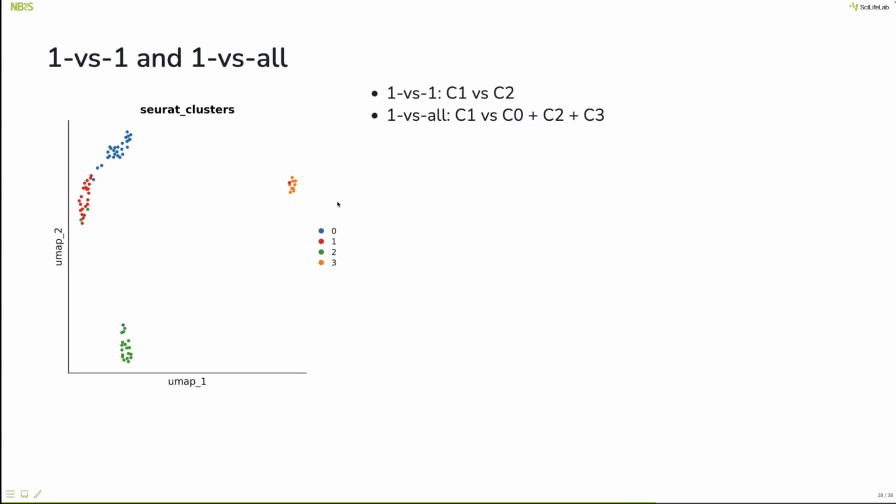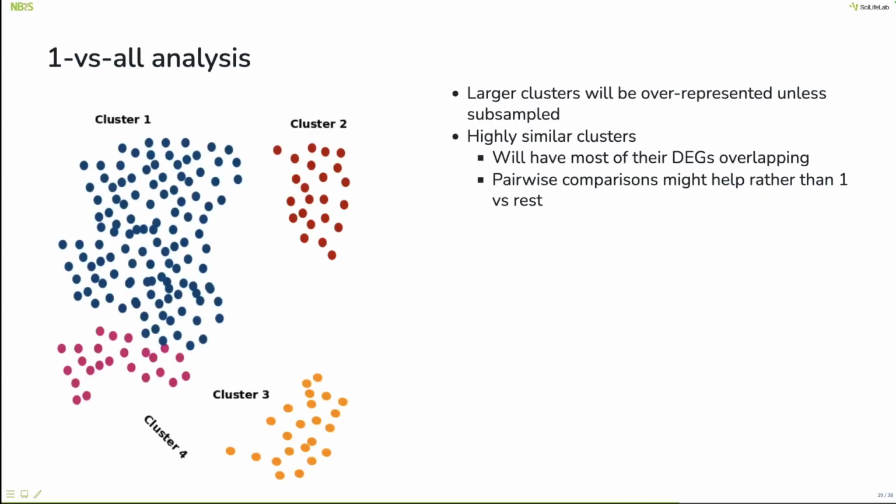Some things to consider if you want to do that. The main advantage is, of course, that it's fast and you have fewer lists to look through afterwards. But if you have an uneven distribution of cells in your clusters, then the larger clusters will be overrepresented unless you downsample first to have the same amount of cells from each cluster.